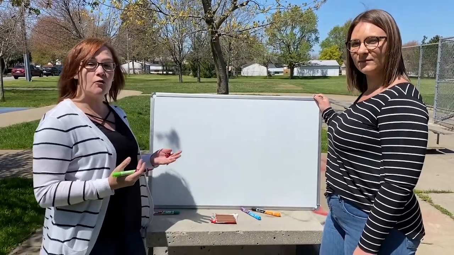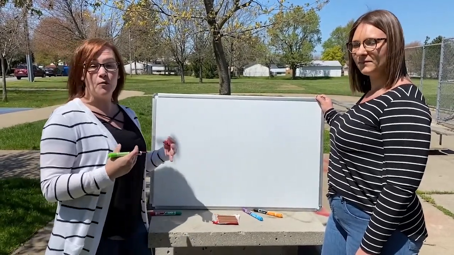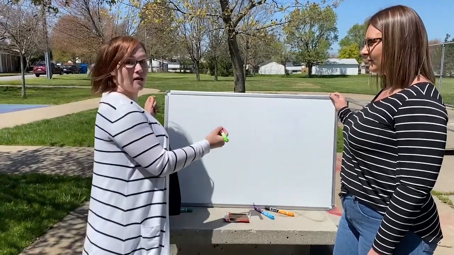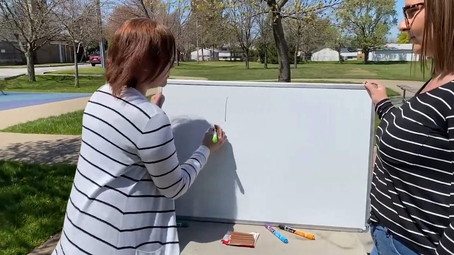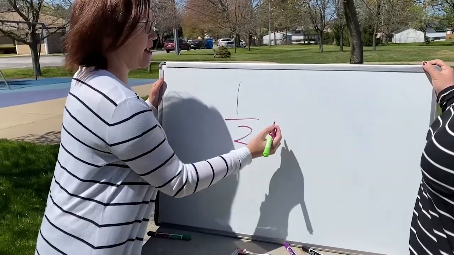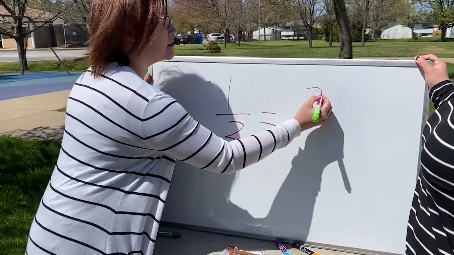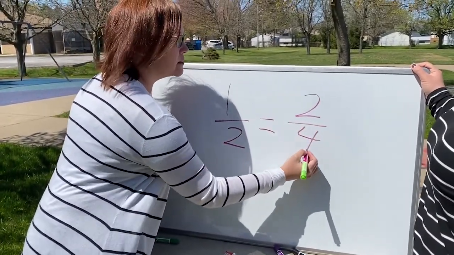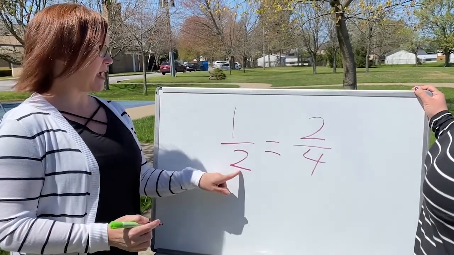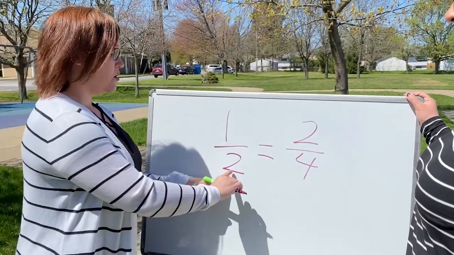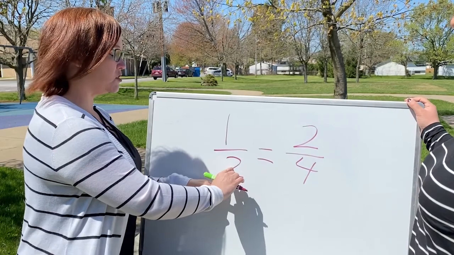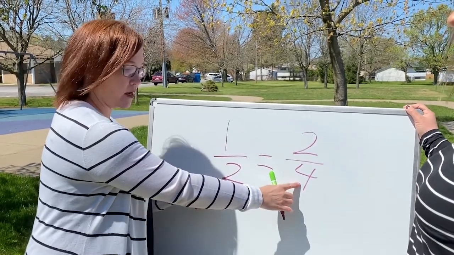So now I'm going to show you how 1/2 can be equivalent to 2/4 by using multiplication. So if I have 1/2 and it equals 2/4, I need to look at my denominators first. What times 2 will give me 4?